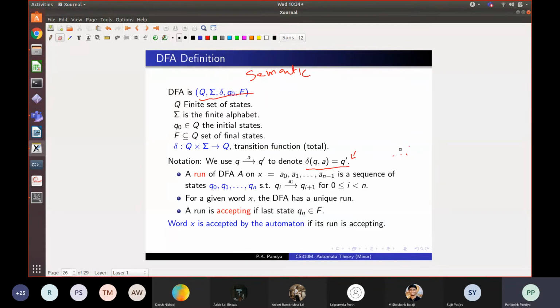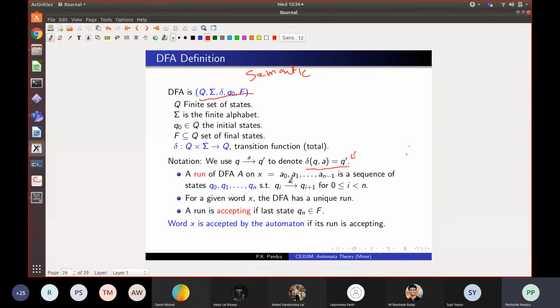Now what are we saying? Given a DFA, a deterministic finite state automaton, and an input word which we denote abstractly as a sequence of n letters A0, A1, up to An minus 1. By the way, you should get used to this convention. In computer science, we always begin with 0. So our word has n letters called A0, A1, up to An minus 1, where n can be arbitrary.